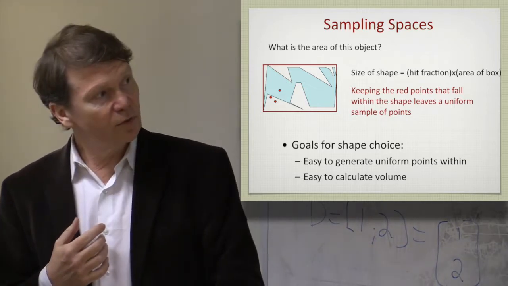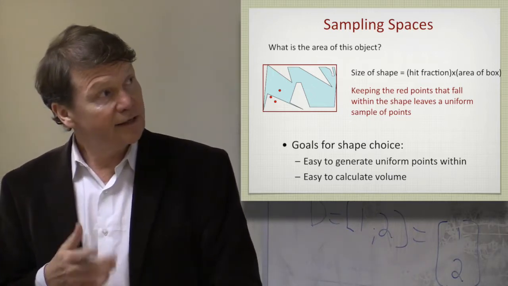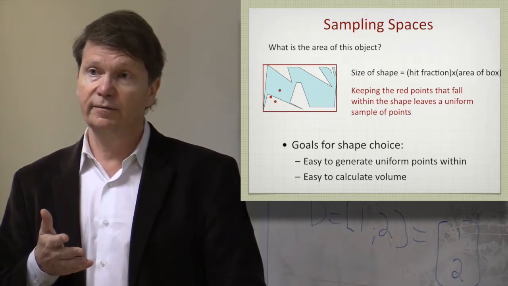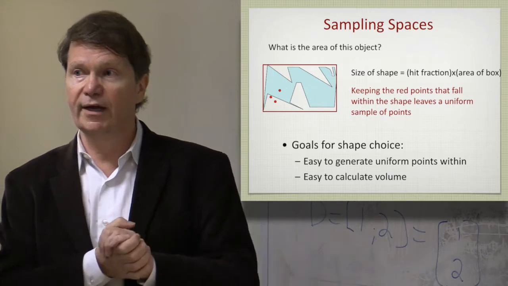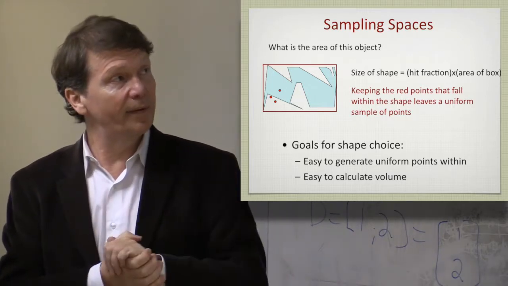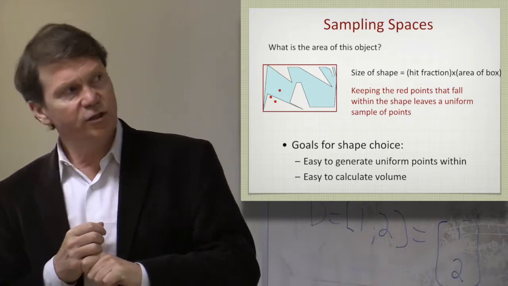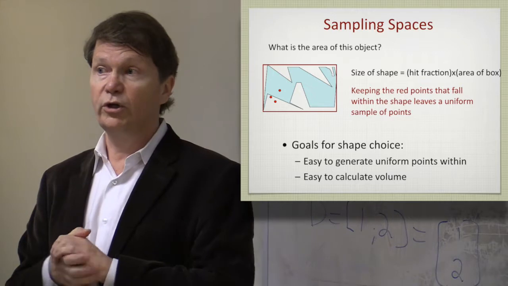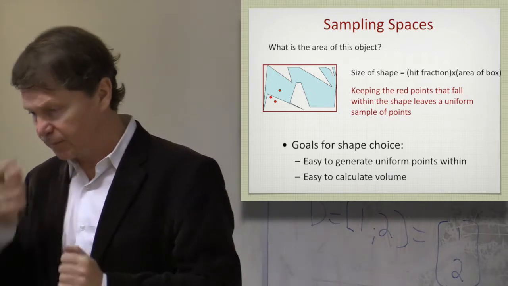This leaves us that we would like to generate a space that is easy to get randomized sample points in. And a square is very easy. You just randomize the weight on each one of the axes there and sum them up, and then you get all these red points. And also that space should be easy to compute in terms of its volume. You need to get the total size and generate these points.